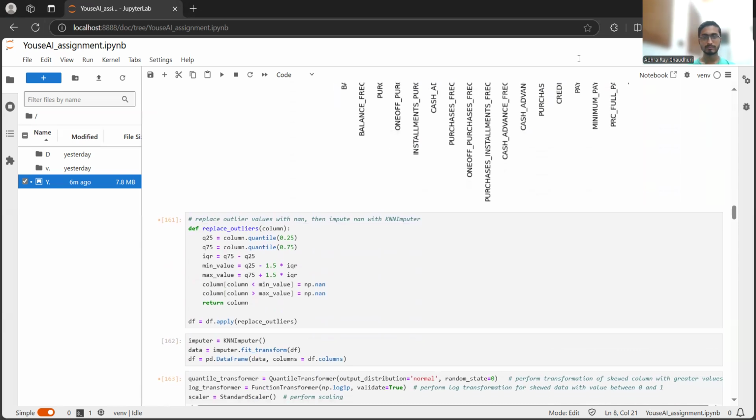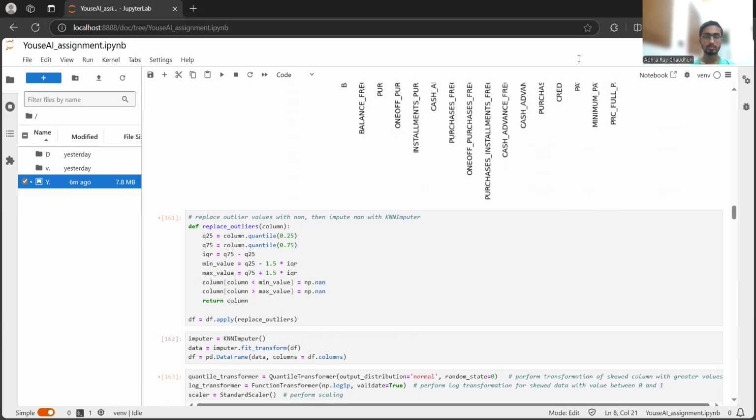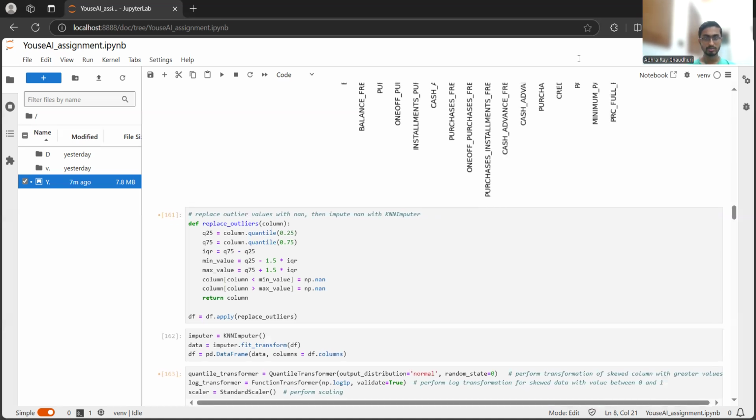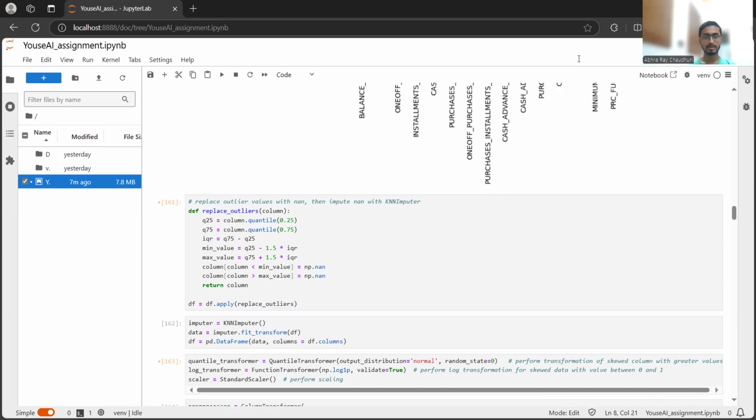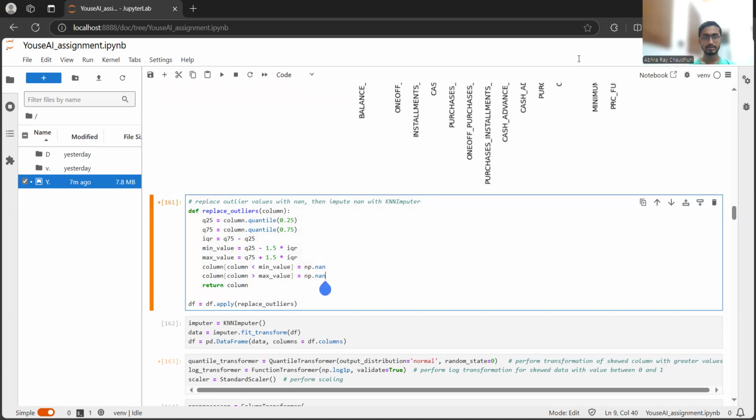Before we impute the outliers, we need to remove those values. So we take the 25th percentile and the 75th percentile and find the IQR, which is the difference between them. We compute the minimum and maximum bounds for every column, and we replace values outside those bounds with NaN.